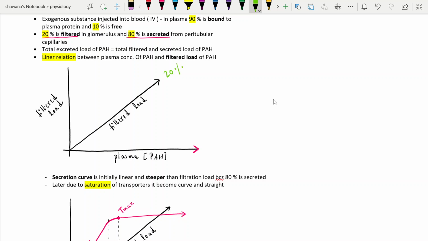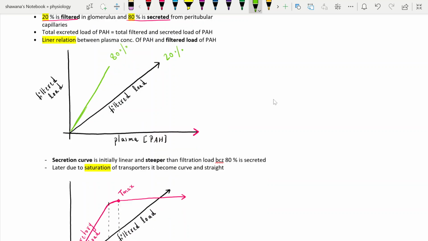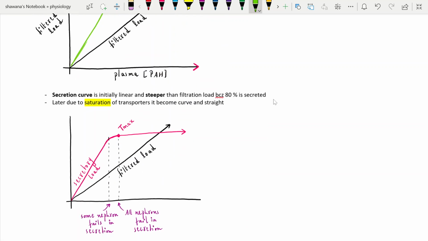So the secretory curve of para-aminohippuric acid is steeper than the filtration load, because 80% of the PAH is actively secreted into the nephrons.